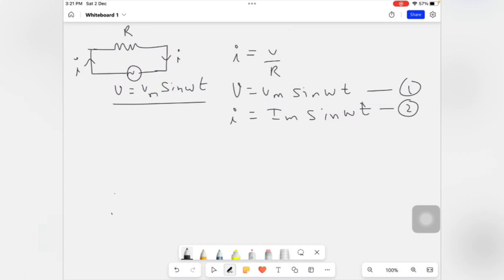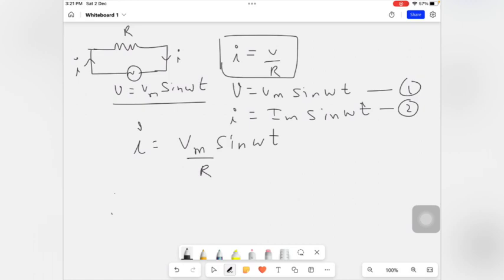Now, I will substitute the value of V in Ohm's law and rewrite the equation. I is equal to, where V is replaced by Vm sin omega t, divided by R. This is the equation.